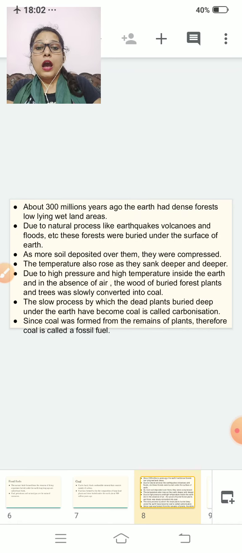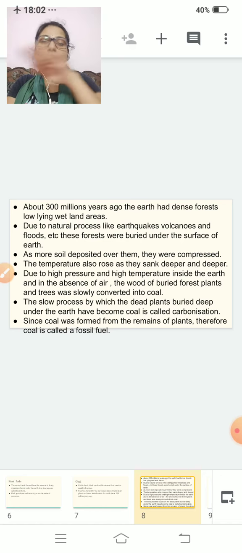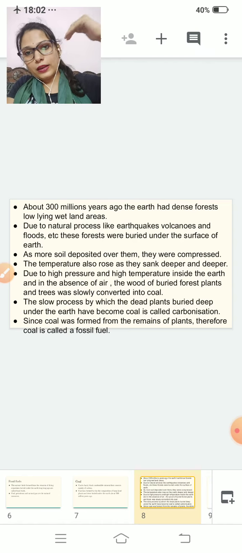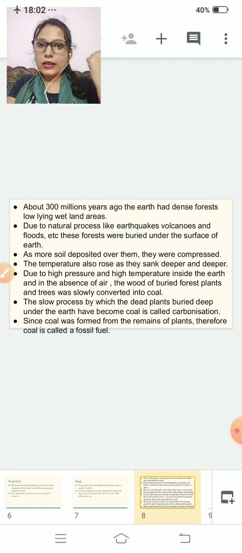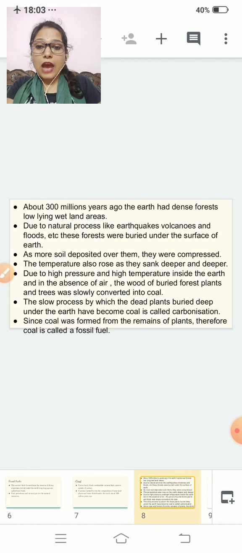After that, the temperature also rose as they sank deeper and deeper. When the layer of soil forms, they go under and deeper, and as they go deeper, the temperature will increase. Due to the high pressure and high temperature inside the earth, and in the absence of air, the wood of the buried forest plants and trees was slowly converted into coal.